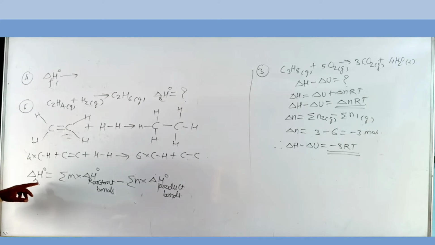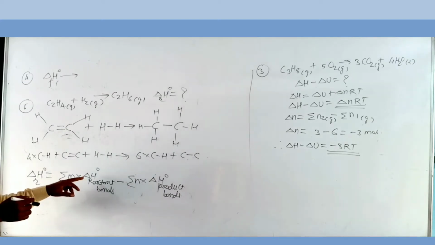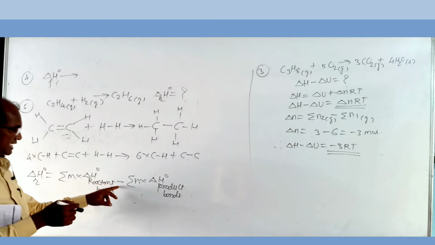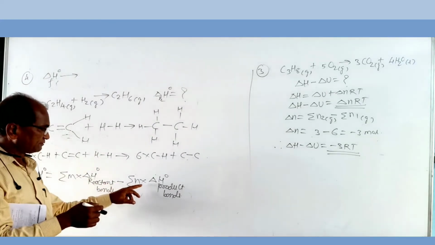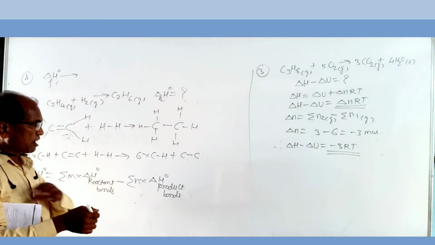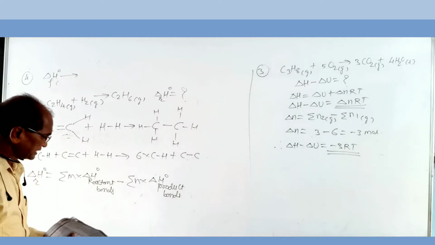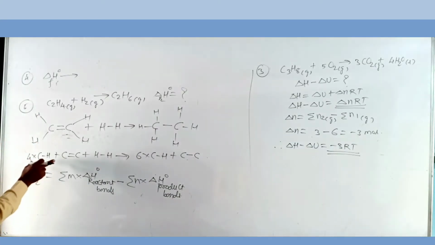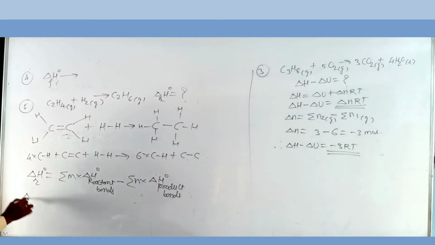Delta H0 of reaction is equal to summation of m into delta H0 of reactant bonds minus summation of n into delta H0 of product bonds. Apply this formula to this reaction.